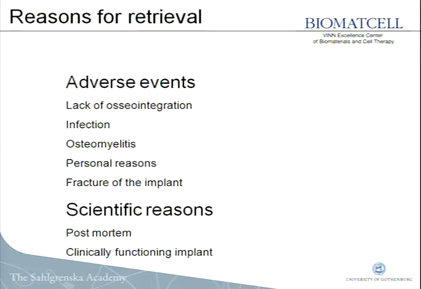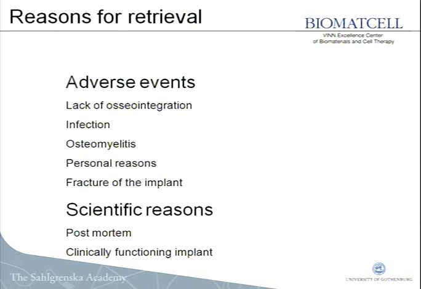You can have adverse effects, lack of osseointegration, infection, osteomyelitis. You can have personal reasons, and fracture of the implant, for example. And you can also have more scientific reasons: post-mortem retrieval, or if you have ethical approval, clinical function implants.